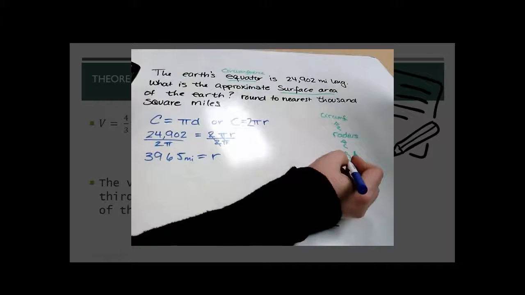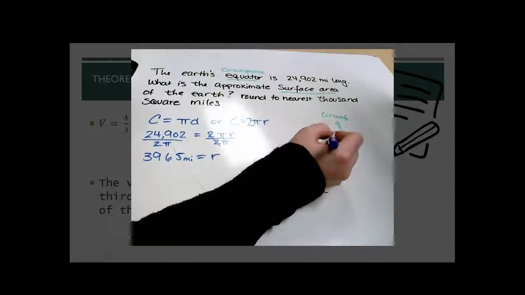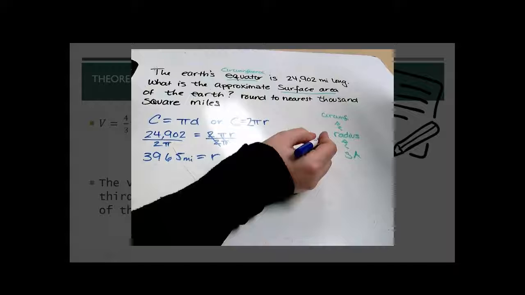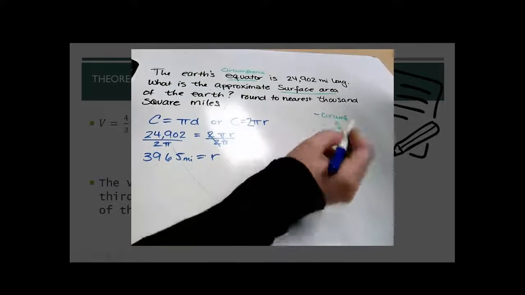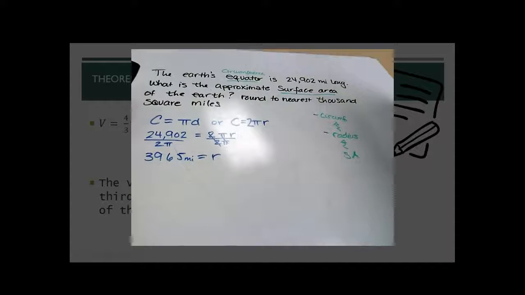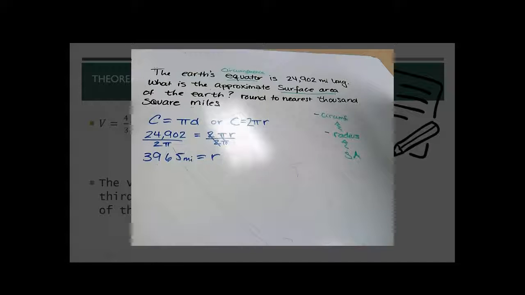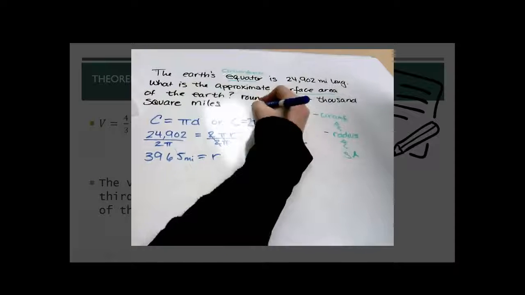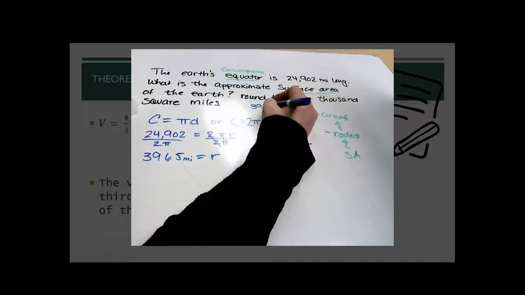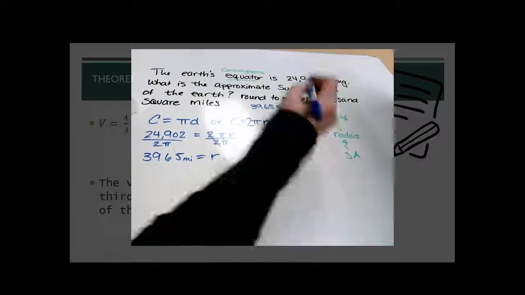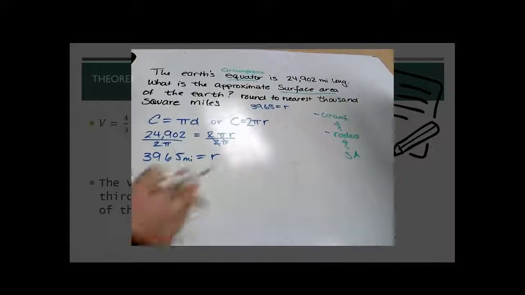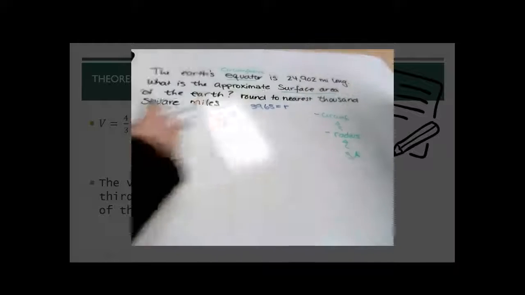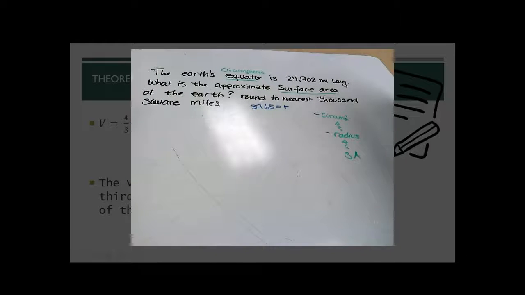From there forward, remember I said that I needed to take my circumference and use that to calculate my radius. So I've done both of those. Now I just need to plug in and calculate for surface area. I'm going to rewrite this up here. So that's my radius. And I'm going to come back with my surface area formula, plug it in, and go.